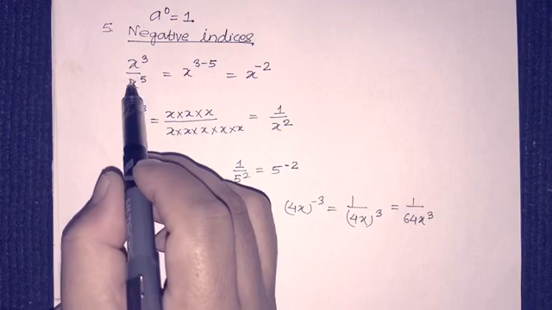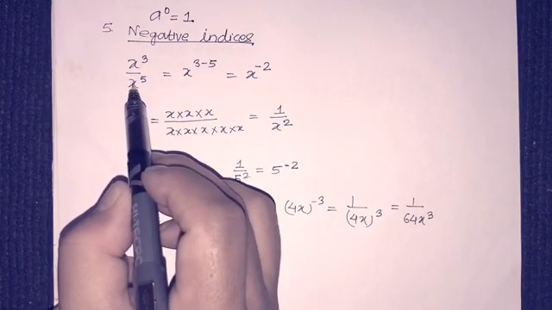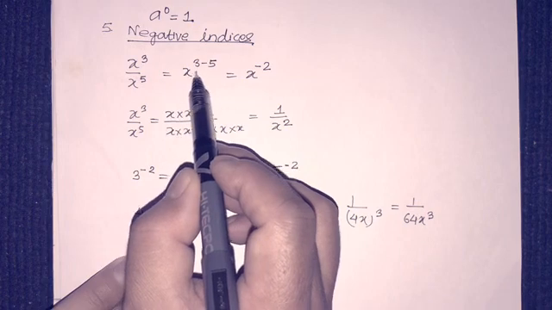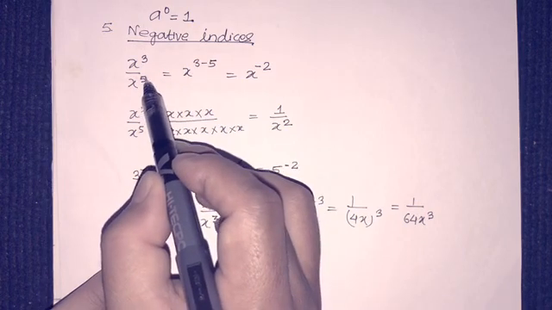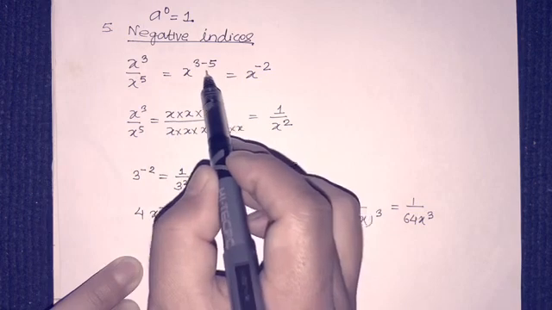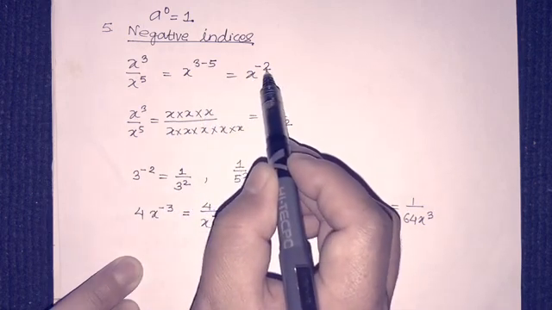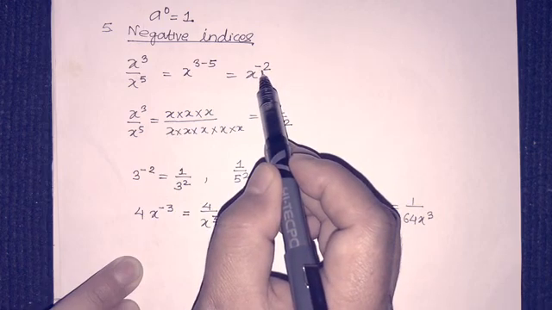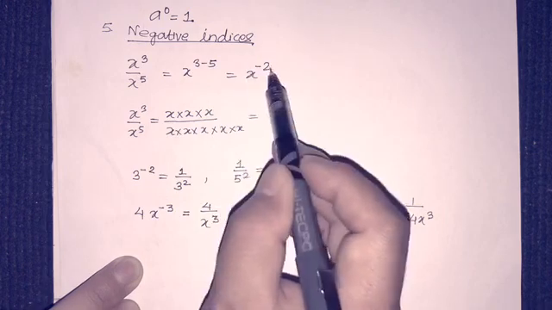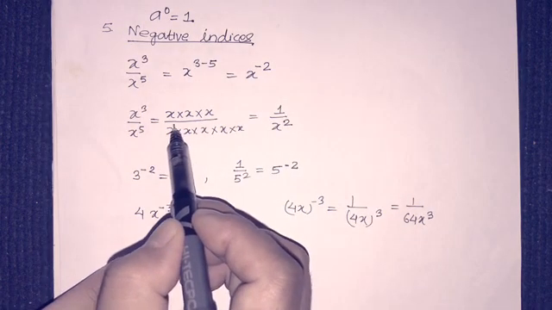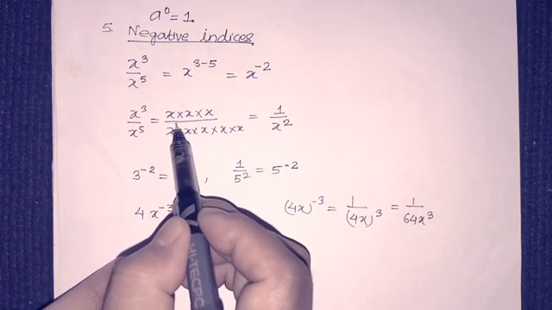Okay, let's see here. x3 divided by x5, and by using the law of dividing indices, we subtract 5 from 3 and we get here -2. So this is the case of negative indices we have obtained here, and the same is solved by fractions.